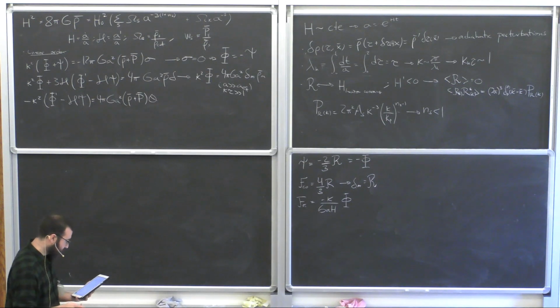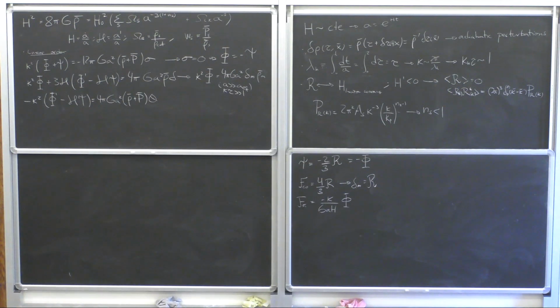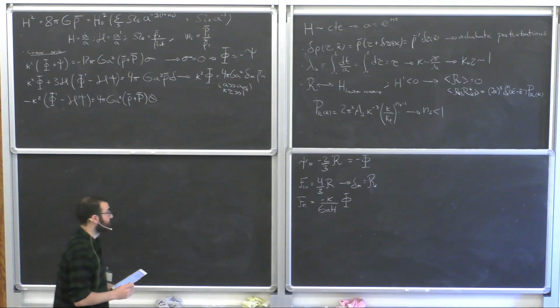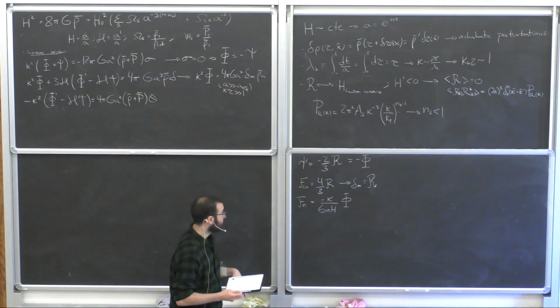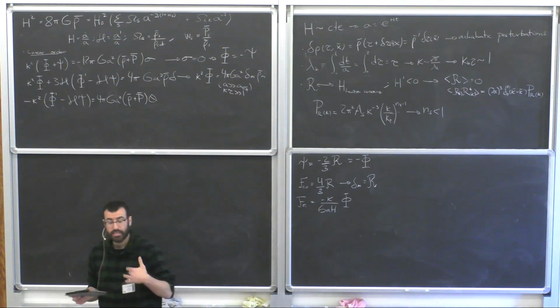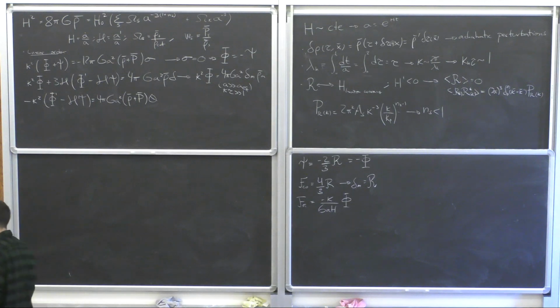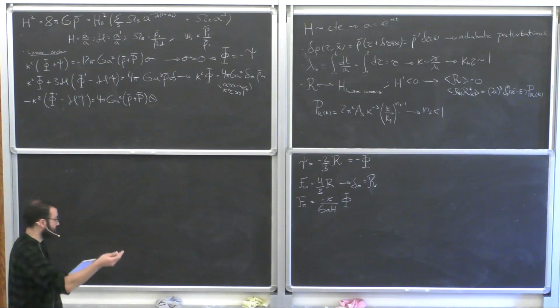The main assumption that we are going to make is that before recombination, photons and baryons are tightly coupled, so we can consider them as a single perfect fluid and ignore any contribution from the quadrupole or higher order moments.